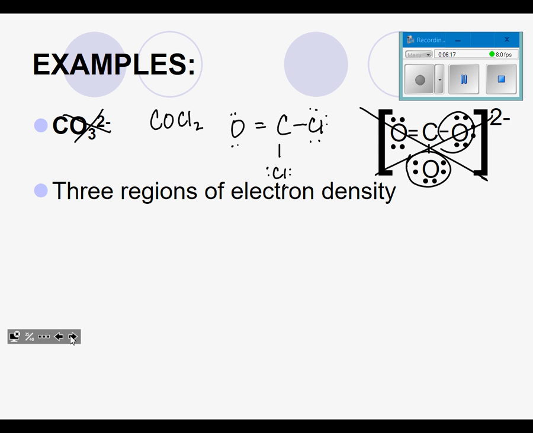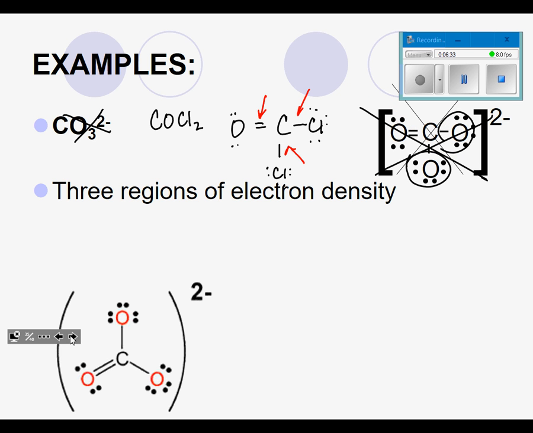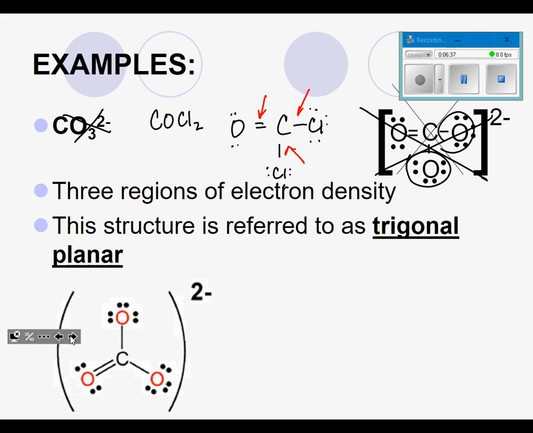But there are three regions of electron density when we talk about that, and the three regions would be here and here and here. So those would be our three regions of electron density, where those bonds are taking place. Notice there are no lone pairs on the central atom, and this is going to be referred to as trigonal planar, or trigonal planar.